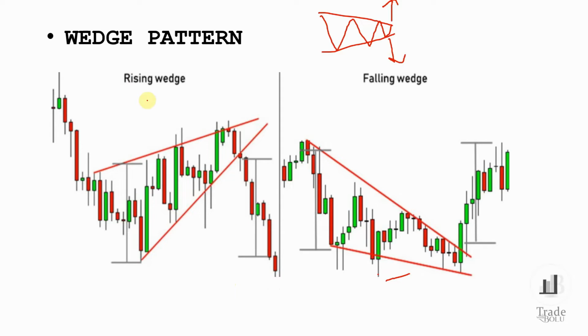So we have the rising wedge and the falling wedge. The falling wedge is directly the opposite. You have a kind of triangle, but with the chart in a bearish momentum, forming lower highs and lower lows. So this is lower than this, so this is a lower low. And in the same case, here we have higher highs.